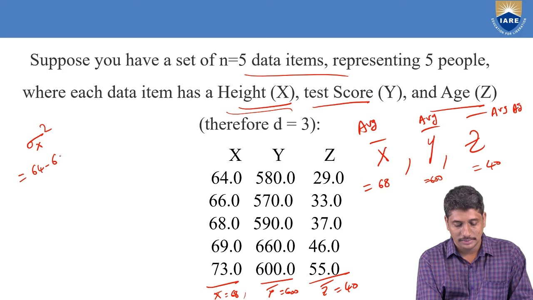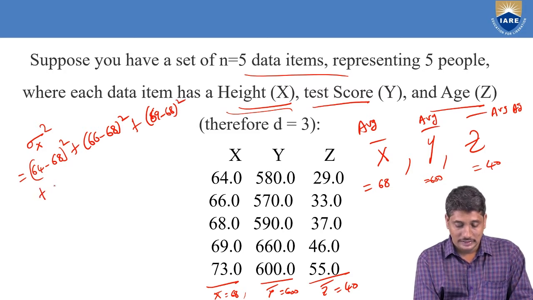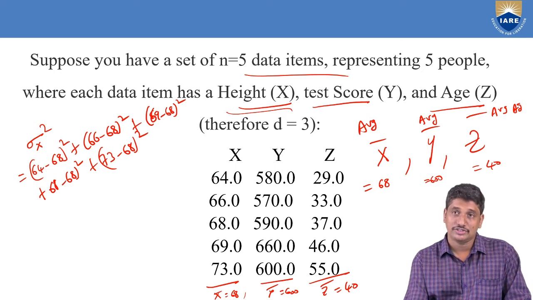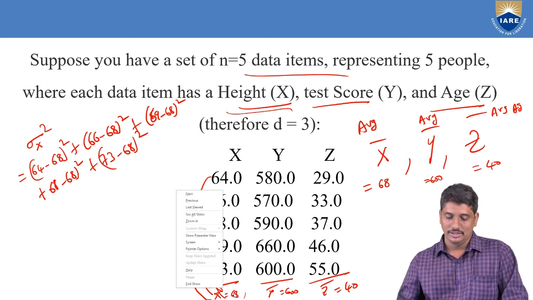64 minus mean 68 whole square, plus 66 minus 68 whole square, plus 69 minus 68 whole square, plus 68 minus 68 whole square, plus 73 minus 68 whole square. That means we are taking the deviations of the values from the mean: 64 minus 68, 66 minus 68, 68 minus 68, 69 minus 68, 73 minus 68.